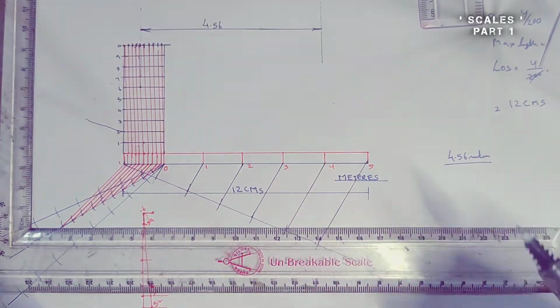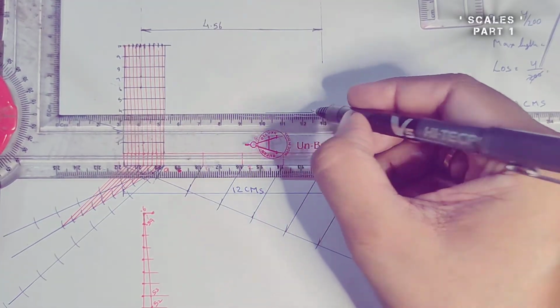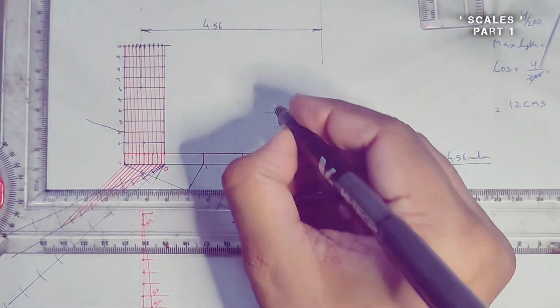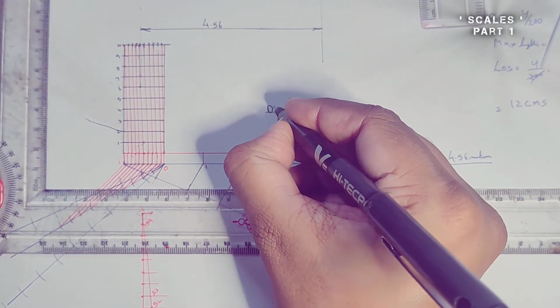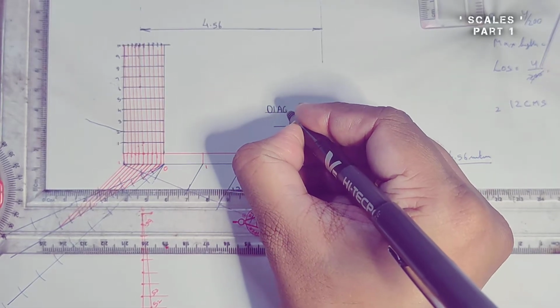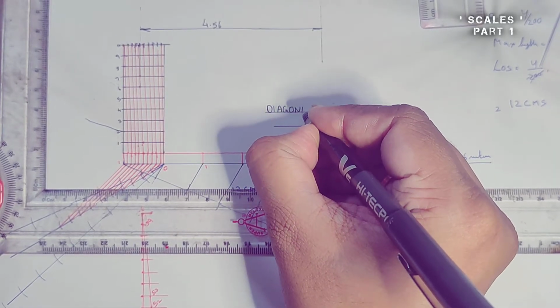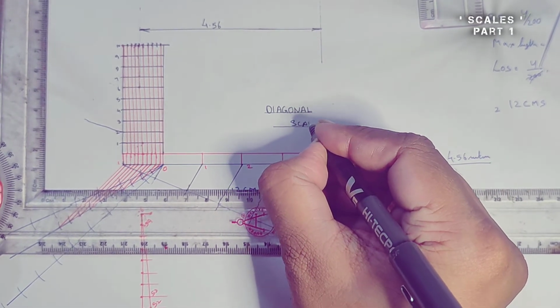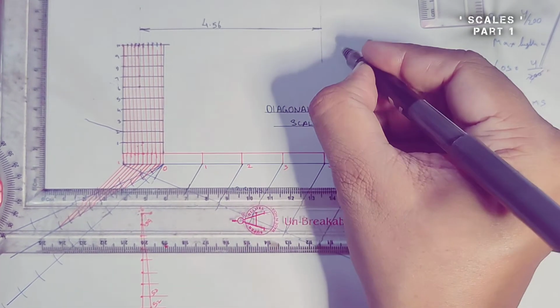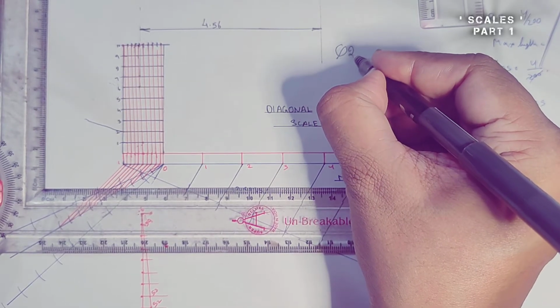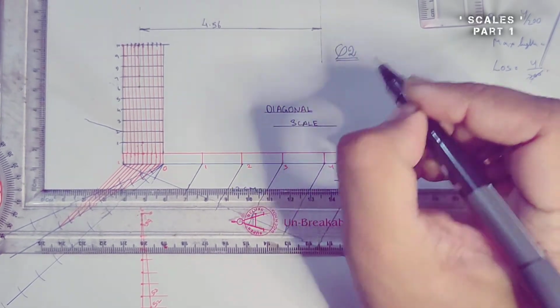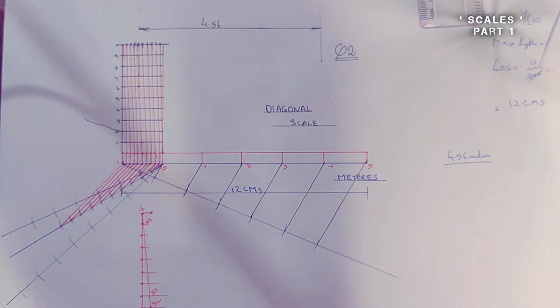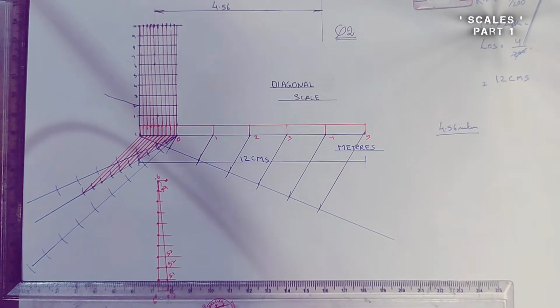This is called diagonal scale. This is question number 2, and if you turn it well, then it looks good on your paper. Okay, thank you.